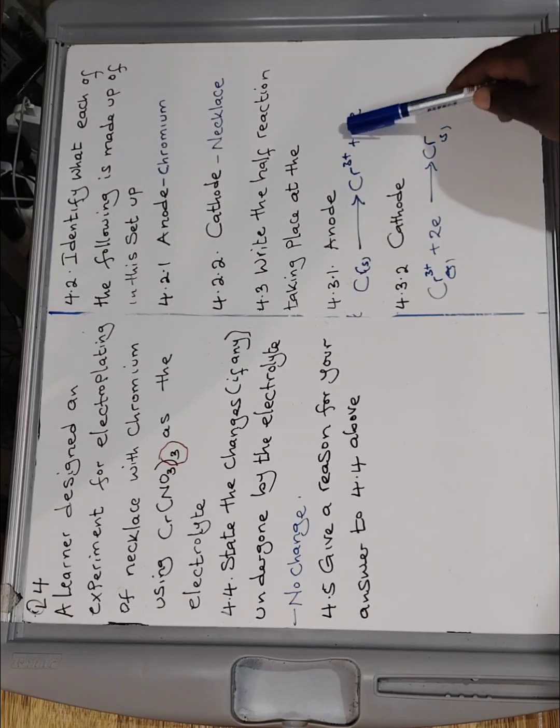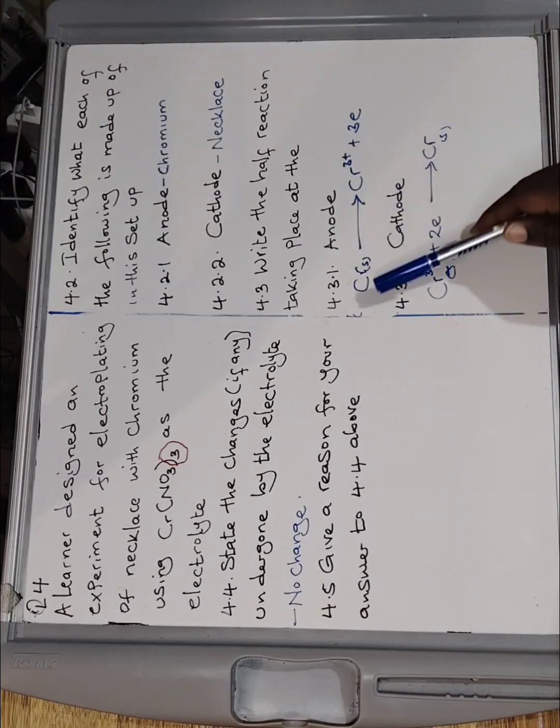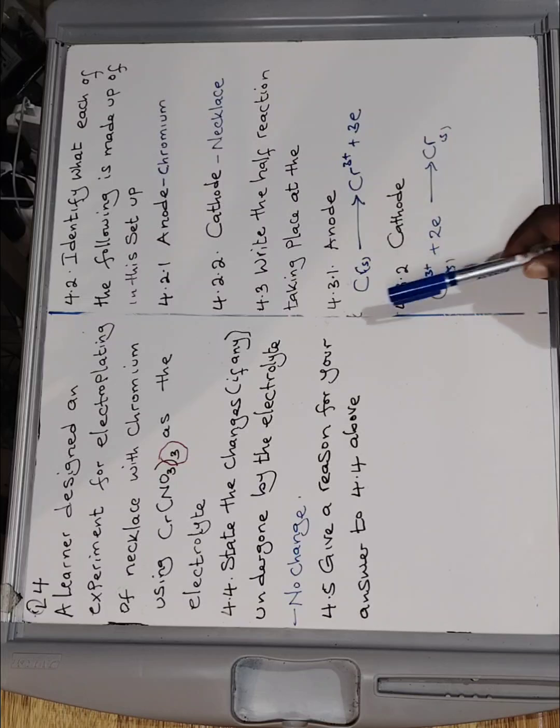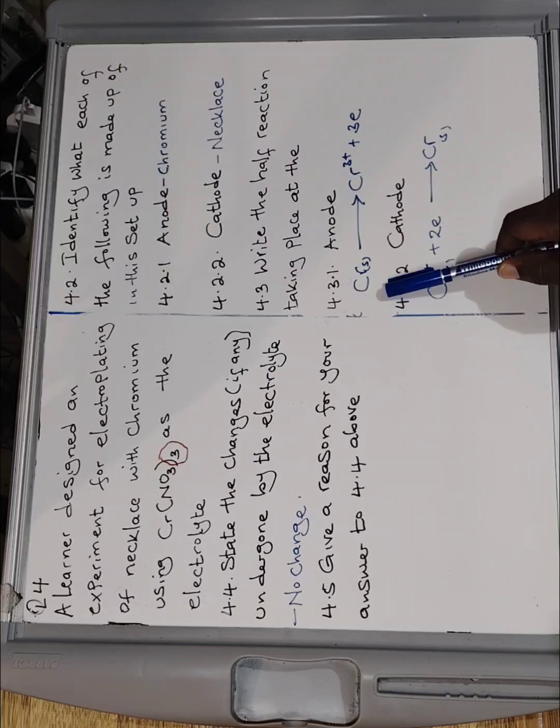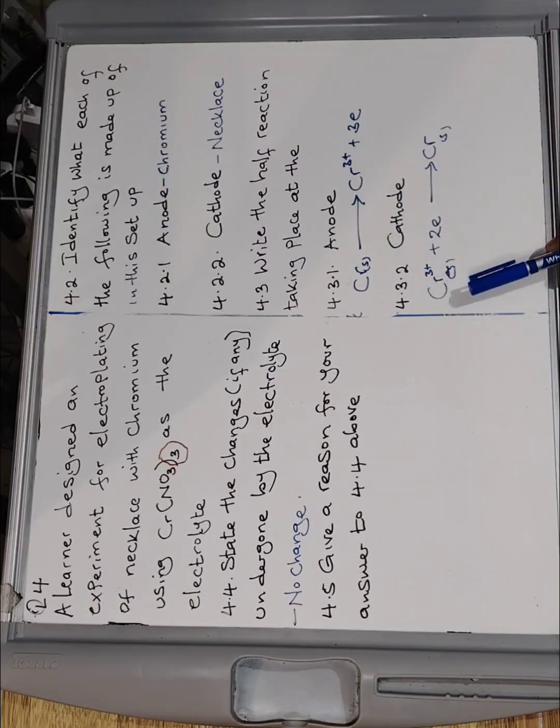These two reactions are proceeding at the same speed, the same rate. So what do we say? The rate of oxidation at the anode is equal to the rate of reduction at the cathode. Please mind the word rate. It's very important. So let us put that down.